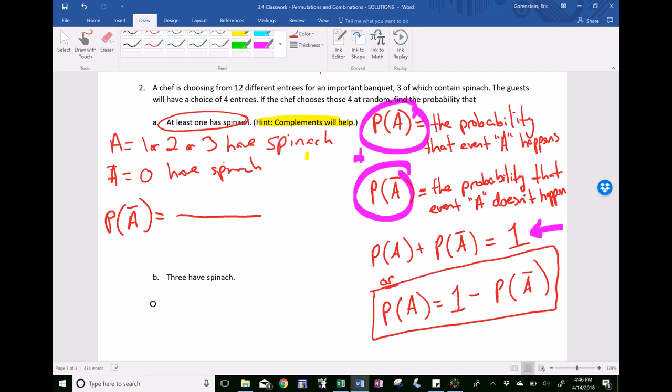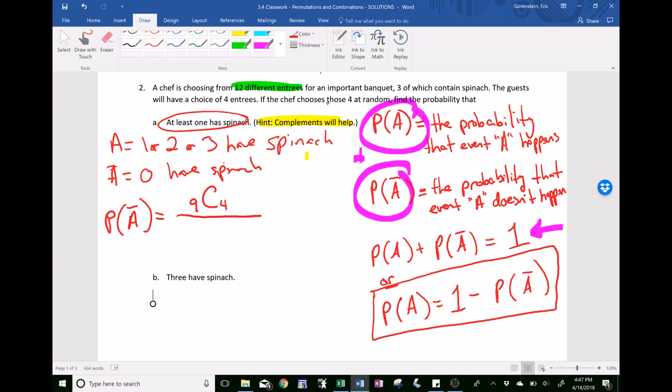We're choosing 4 entrees out of, well, there's 12 total, minus the 3 with spinach, so there's 9 entrees with no spinach. The number of ways we could pick 4 entrees where none have spinach is 9 combination 4. This tells us the total number of groups of 4 out of the group of 9.